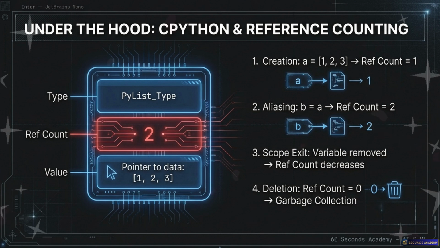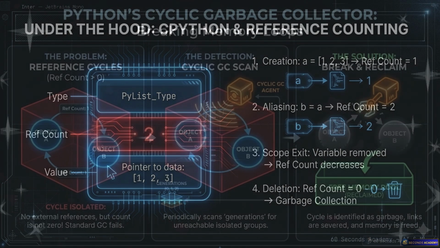Is it always that perfect, though? What if I have a situation where object A points to object B and object B points back to object A, but nobody else points to them? Ah, the circular reference. That is the Achilles heel of simple reference counting. Because if A refers to B and B refers to A, their counts are both 1. They will never hit 0. Exactly. They would live forever, eating up your RAM, if Python didn't have a secondary mechanism called the cyclic garbage collector.